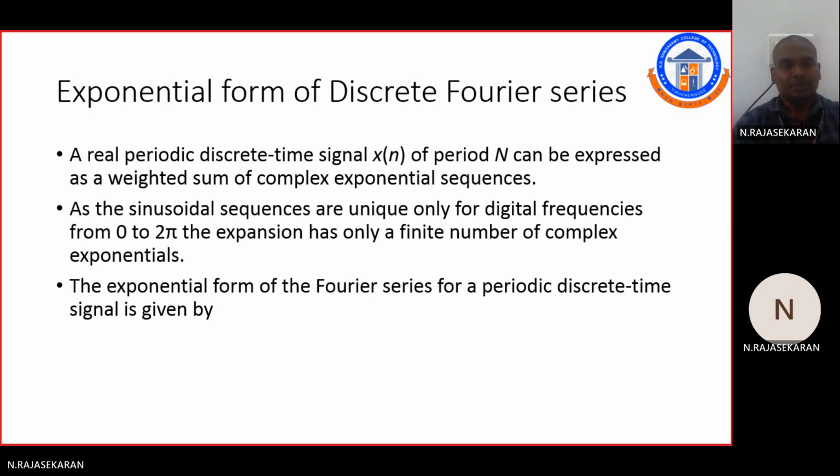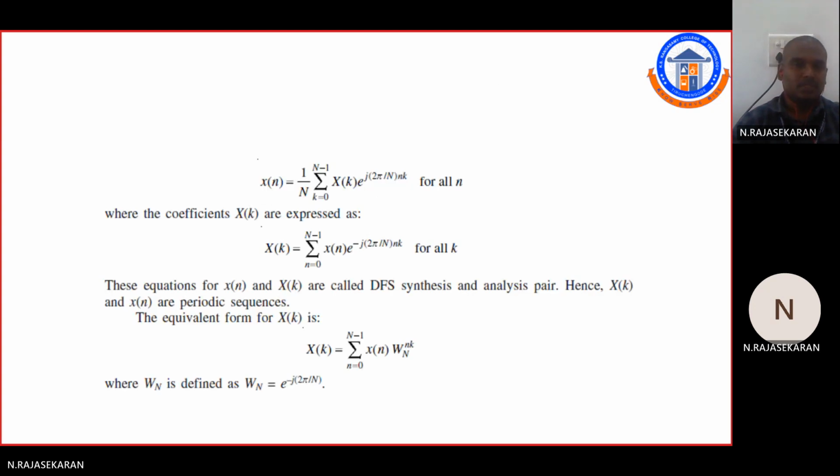The exponential form of Fourier series for a periodic discrete time signal is given by these two terms. Whether x of n is given, we go with 1 by N summation of k equal to 0 to N minus 1, X of k e power j 2 pi nk by N. Otherwise, if X of k is given, we go with n equal to 0 to N minus 1, x of n e power minus j 2 pi nk by N, for all the values of k and all the values of n.